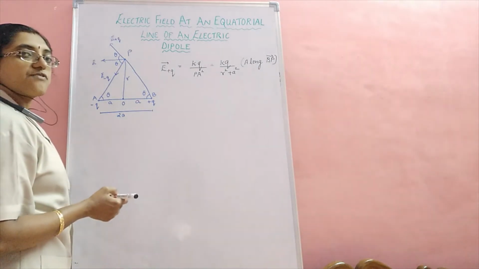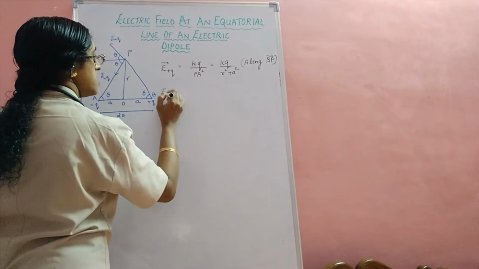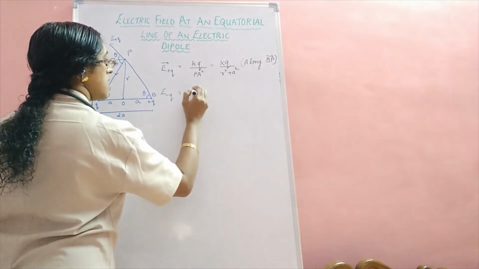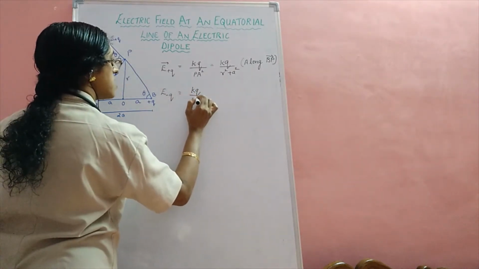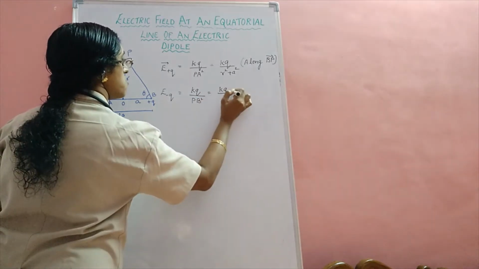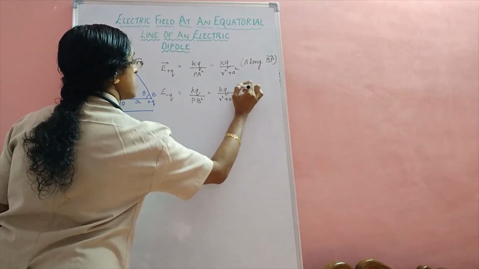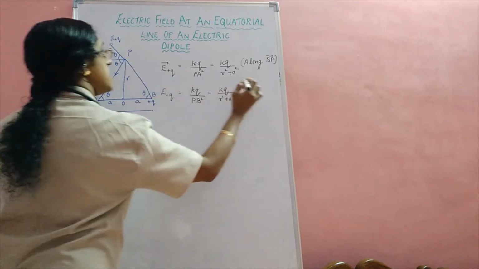Similarly, the electric field due to the negative charge, E minus Q, is again equal to KQ upon PB square, which can be written as KQ upon r square plus a square, that is along PA.